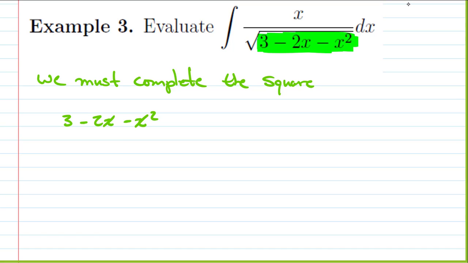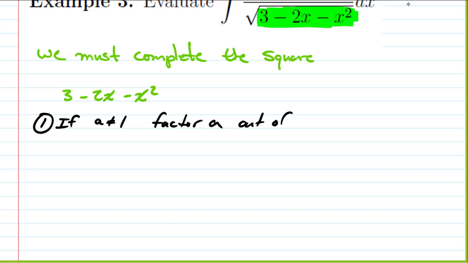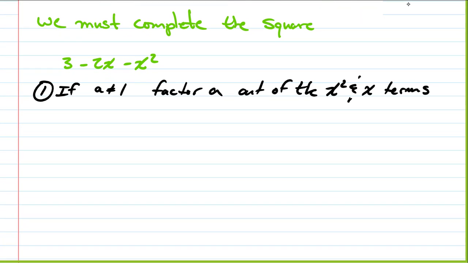So the first thing we need to do in completing the square is if our a coefficient isn't 1, we have to factor out a. So if a doesn't equal 1, factor a out of the x squared and x terms. So we're just going to leave our constant alone in this whole process.